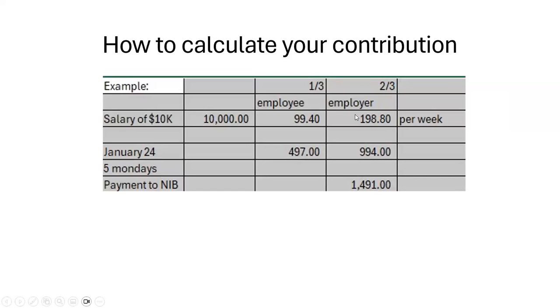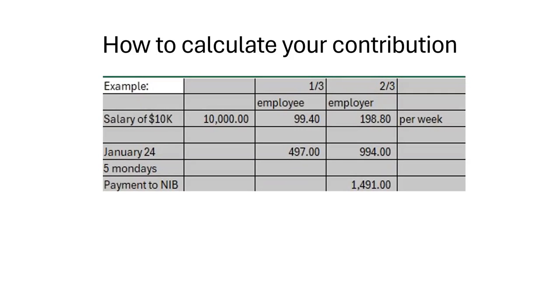Now, what you have to remember is that because it's a weekly figure, what you have to do is to open your calendar and count how many Mondays in the month. There sometimes may be 4, there may sometimes be 5. For the month of March, as you will see on the next slide, there are 4 Mondays.